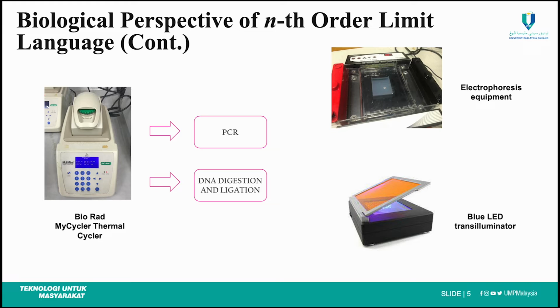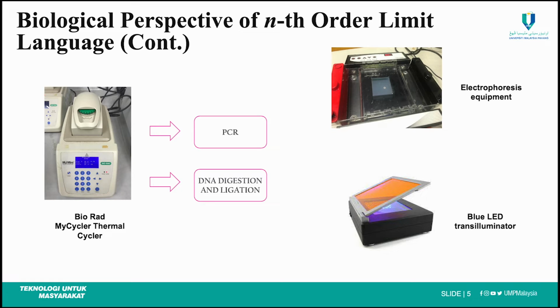Bio-Rad Thermal Cycler is used for polymerase chain reaction (PCR) process, where we generate 1,000 copies of initial strand double-stranded DNA. It is also used to keep solution which has been aliquoted into test tube under certain condition. The solution we obtain after digestion and ligation are aliquoted into test tube and keep under certain condition to observe the process.